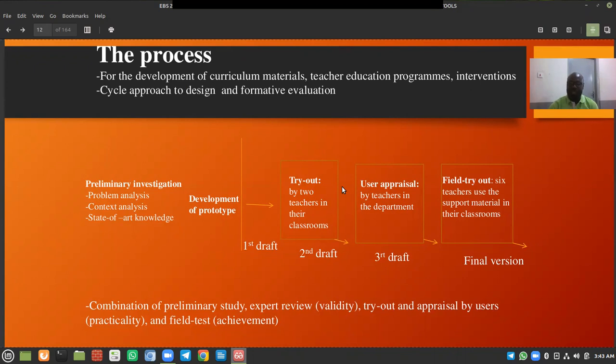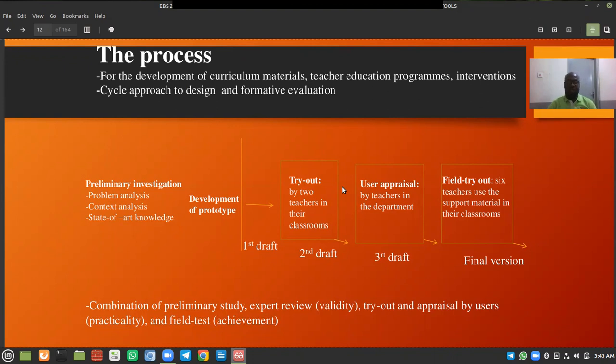And their reports will give birth to the third draft, which would now be tried out in the field. At least we can have about 6 teachers try this out in the field and use the support materials in their classrooms. And when the field tryout also tends to be successful, then we can come out with the final version of our ICT solution to a particular problem.